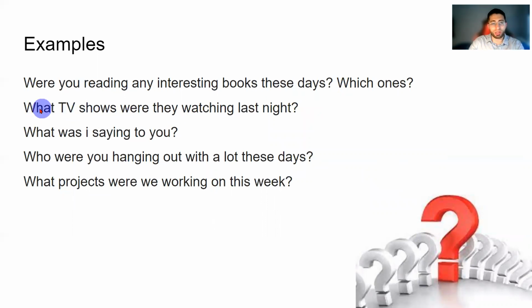What TV shows, qué series de televisión o shows de televisión were they watching last night, estaban viendo ellos ayer. Entonces igual, estas preguntas que estamos viendo ya las vamos a explicar porque tienen WH questions, pero yo sé que la mayoría de nosotros sabemos esta naturaleza de esta pregunta, por ejemplo. ¿Listo?